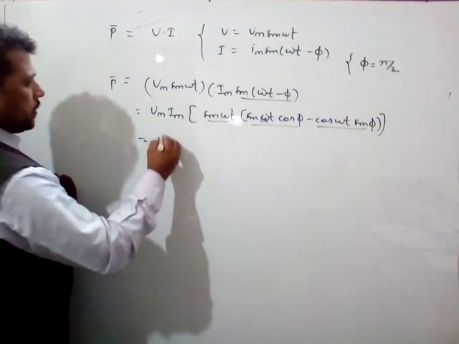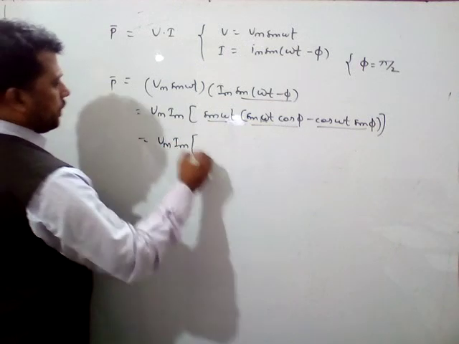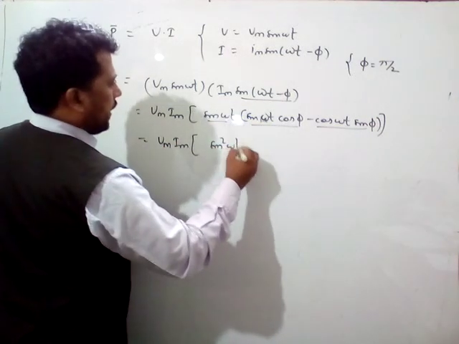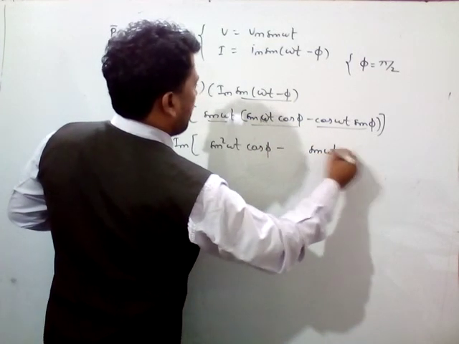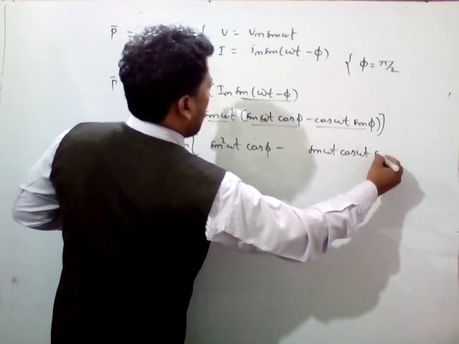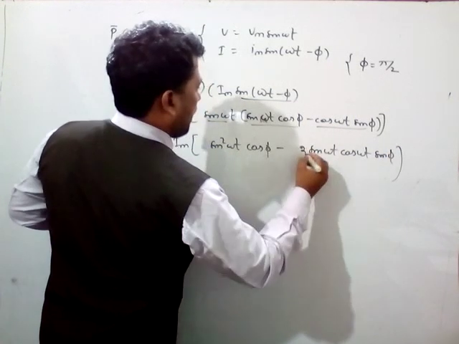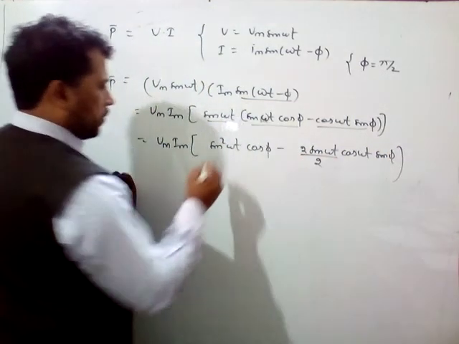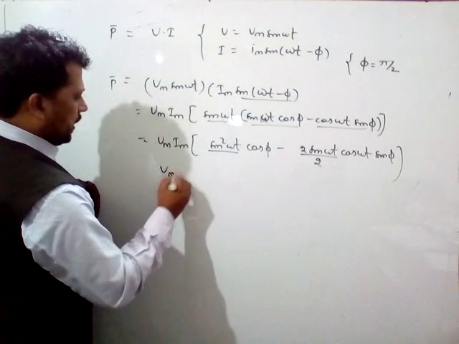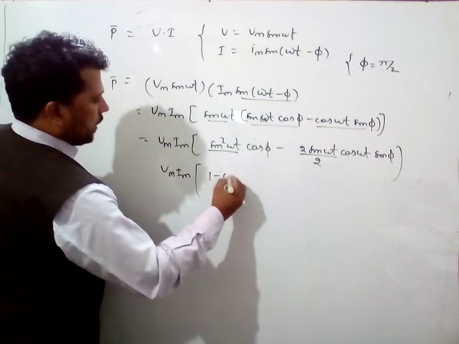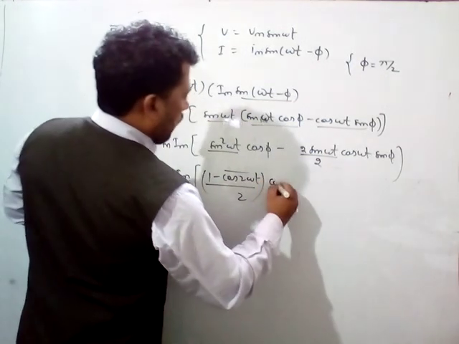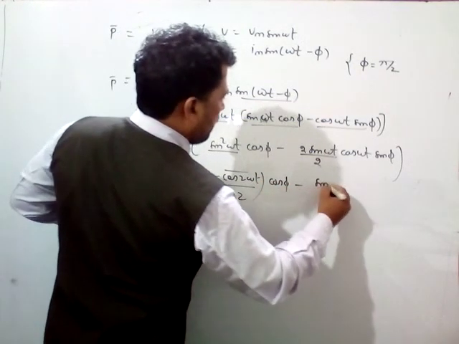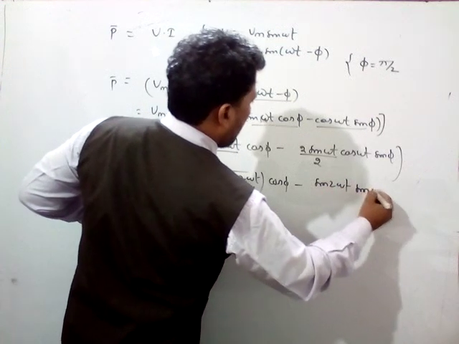So it is equal to Vm Im sin square omega t cos phi minus sin omega t cos omega t sin phi, and here multiplied and divided by 2 for making the formula, and this equals Vm Im 1 minus cos 2 omega t by 2 times cos phi minus sin 2 omega t sin phi by 2.